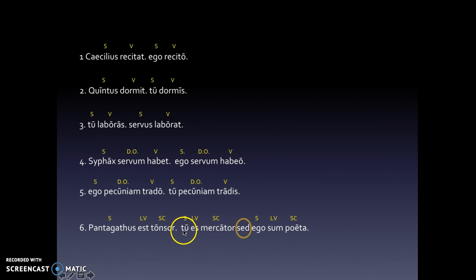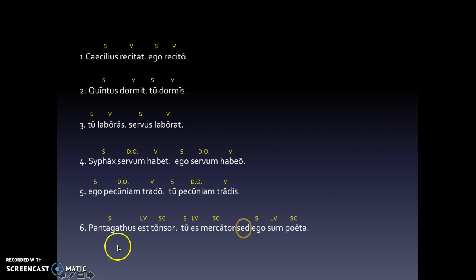Tu is a nominative, a subject, es is a linking verb, mercator is a subject complement, ego is a subject, sum is a linking verb, poeta is a subject complement. So we've got subject, linking verb, subject complement, subject, linking verb, subject complement. So this connector here is connecting complete clauses, complete phrases.